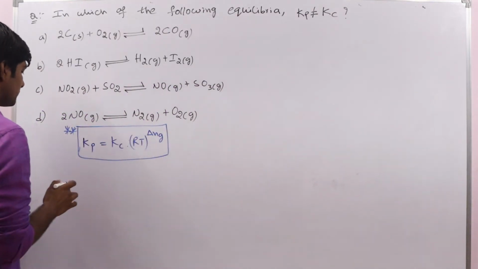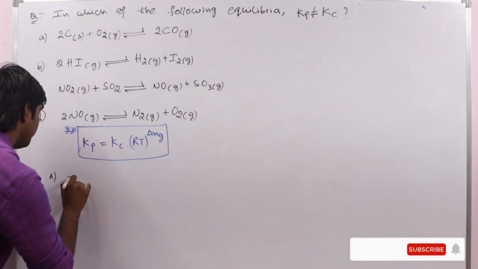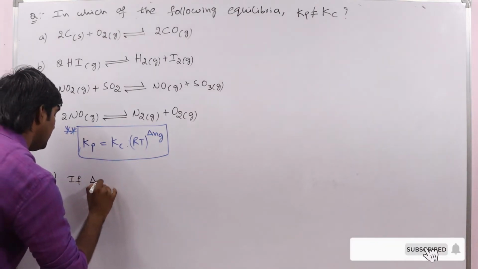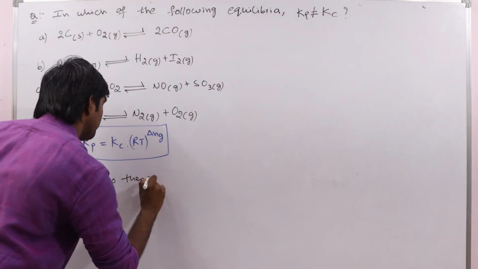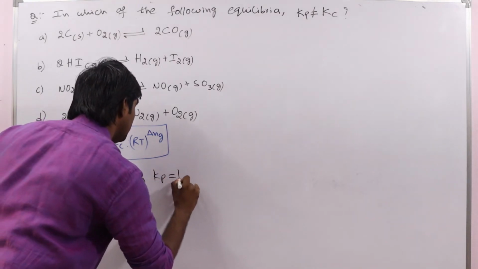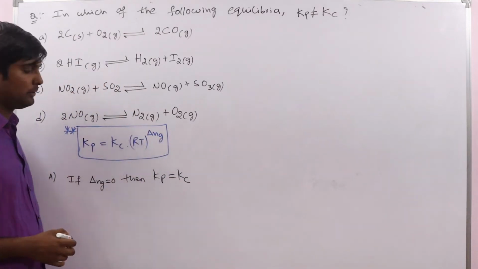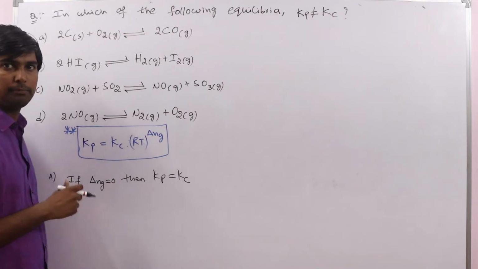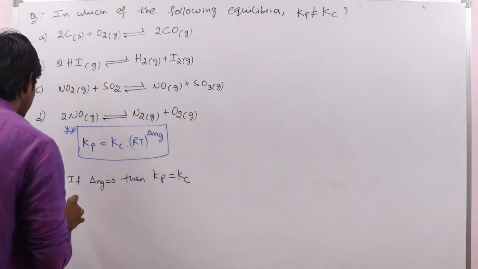So here three cases are possible. First, if delta Ng is equal to 0, then Kp is equal to Kc. Since delta Ng is 0, RT power 0, something power 0 is 1, so we get Kp equal to Kc.